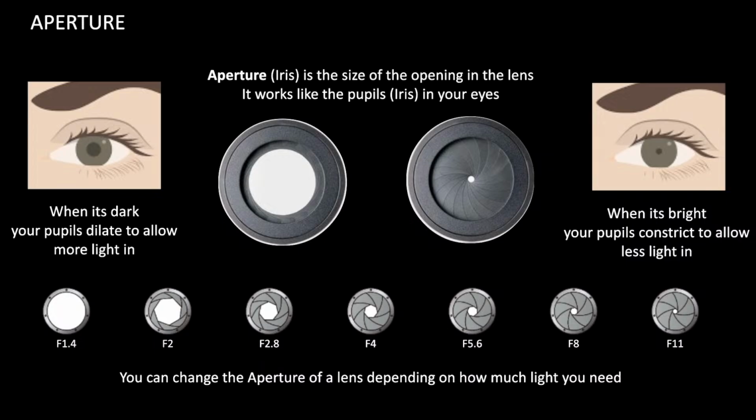When it's dark at nighttime, your pupils open up at the maximum opening, allowing a lot more light to come through, allowing you to see in low light. And during daytime, your pupils shrink, allowing less light to come in, so you're not squinting. That is, in short, how an aperture works.